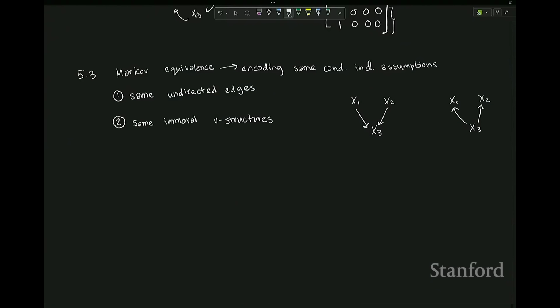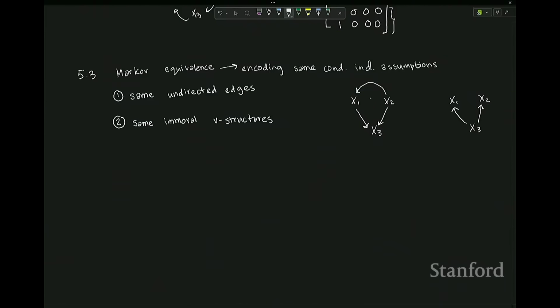So you'll recall a V structure from previous lectures. This would be an example of one. And when I say that a V structure is immoral, what I mean, and this was not my definition, is that the parents are unconnected. So if we wanted to make this a moral V structure, we could do that, or we could do that.